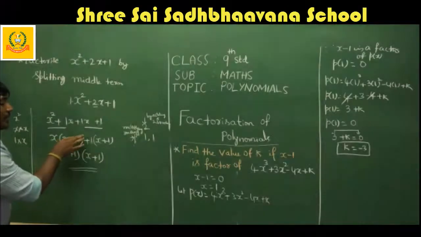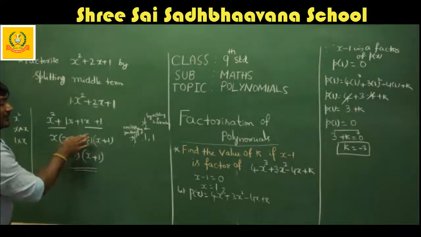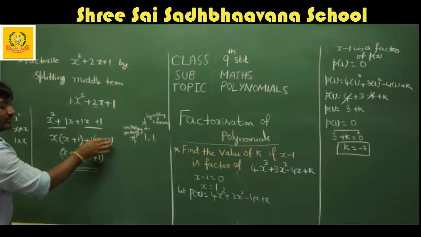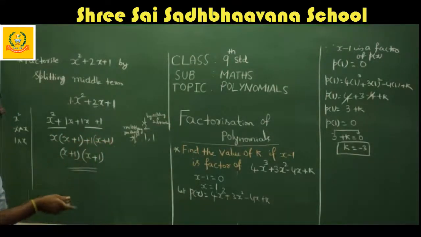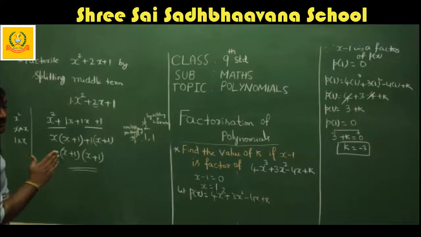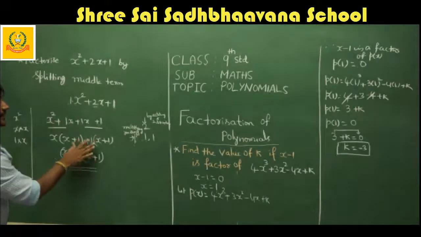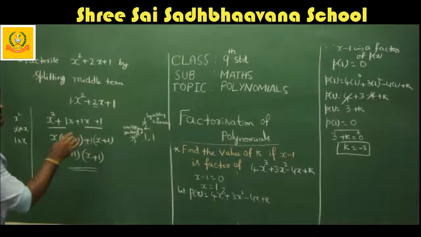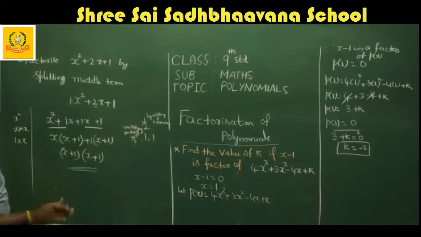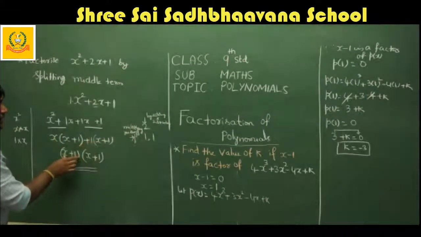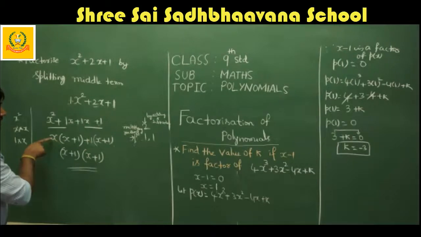Remember, you can take common if the terms are the same in both. If both terms are the same, then only you can take common. Otherwise, if here you have x plus 1 and there you have x plus 2, you cannot take common. So if you take x plus 1 common, what is the multiple of x plus 1 here? x.